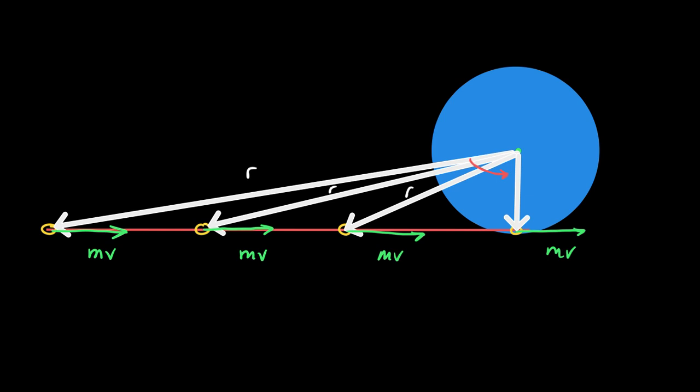Do you guys see that? It'll never get any closer. We call this the point of closest approach. And it's when R is perpendicular to their momentum. It occurs at a special spot right there. The point of closest approach.